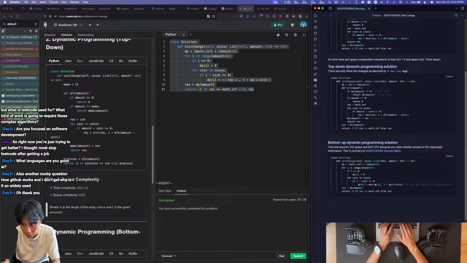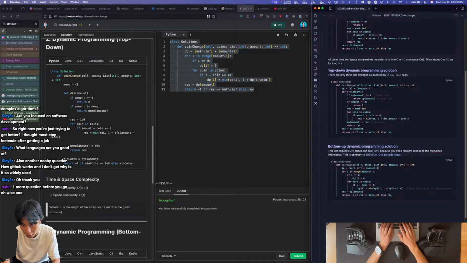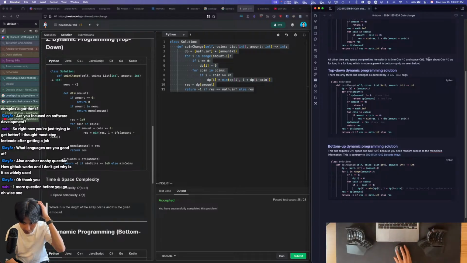Think about O of n times t as a for loop in a for loop, which is more apparent in bottom-up, I mean dynamic programming, as seen below. All right.